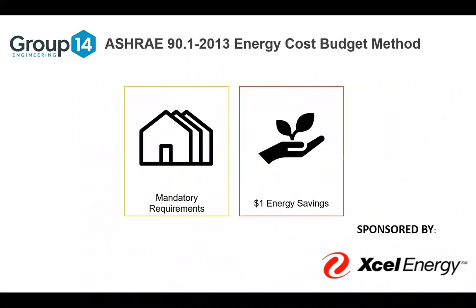But now within the energy cost budget method, which is their energy performance method, it's Chapter 11 if you're really curious. It's almost identical to section C407, except they only have to have $1 of energy savings as compared to the baseline design. The reason for that is on our next slide.